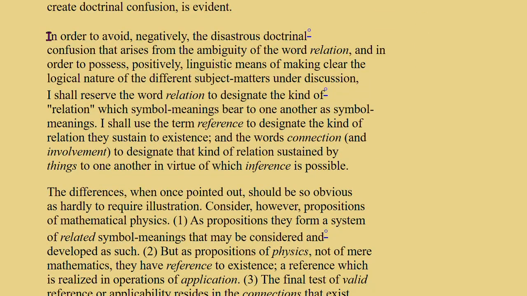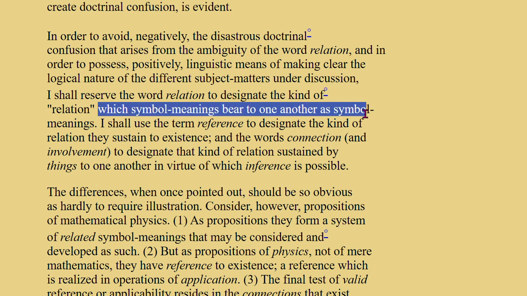Going on. "In order to avoid negatively the disastrous doctrinal confusion that arises from the ambiguity of the word relation, and in order to possess positively linguistic means of making clear the logical nature of the different subject matters under discussion, I shall reserve the word relation to designate the kind of relation which symbol meanings bear to one another as symbol meanings."